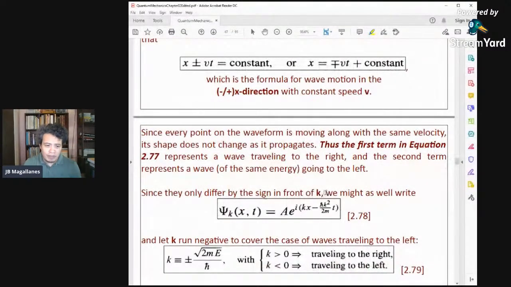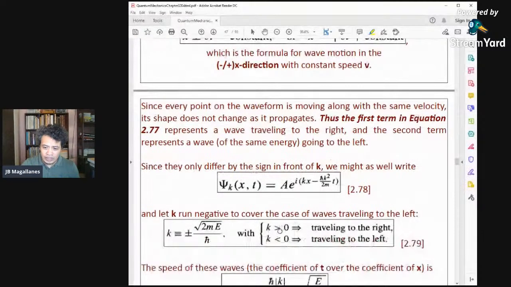The k could be positive or negative, depending on the direction. If k is greater than 0, that's a wave traveling to the right, and if k is less than 0, that's a wave traveling to the left.